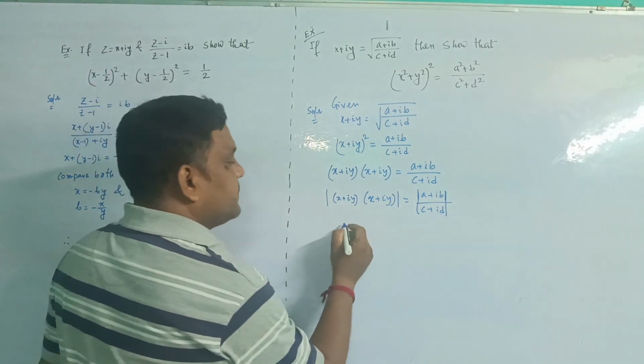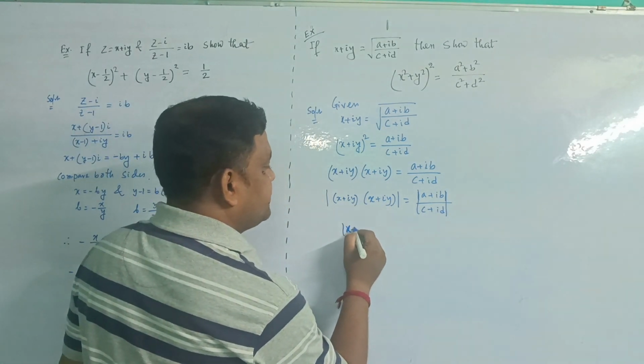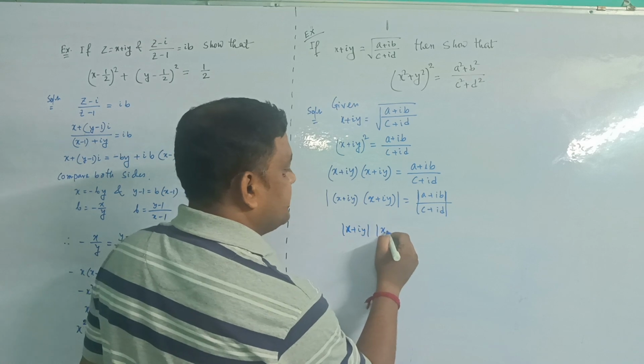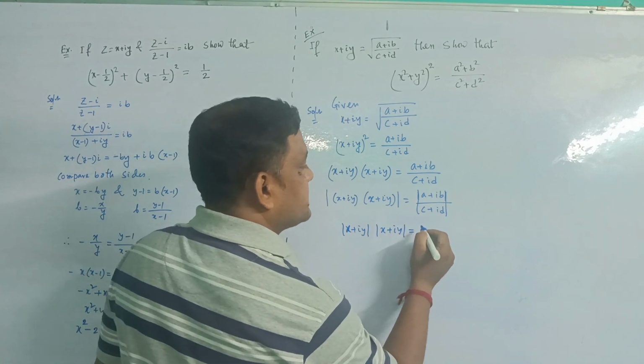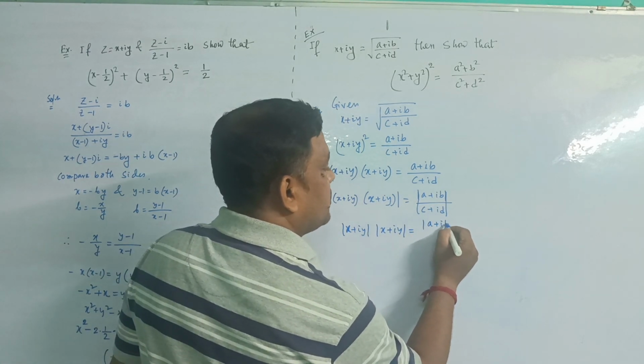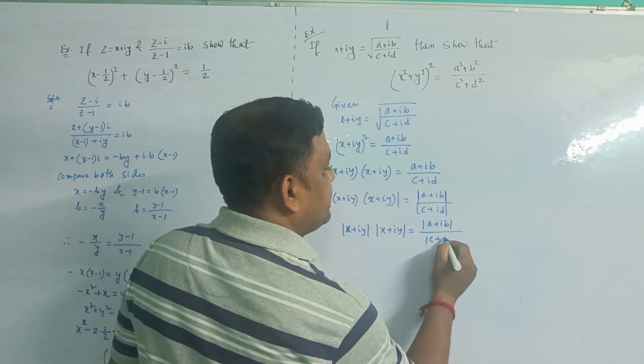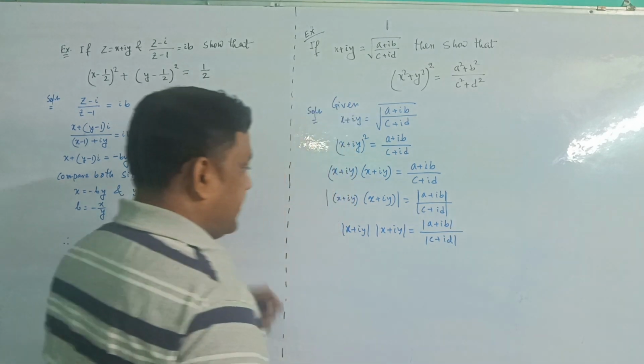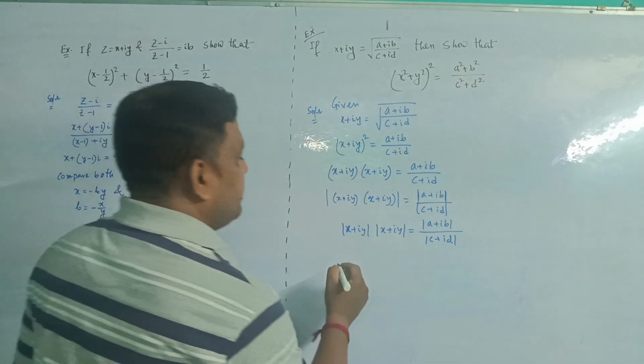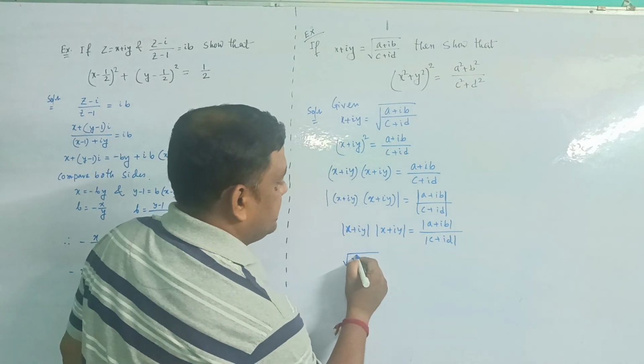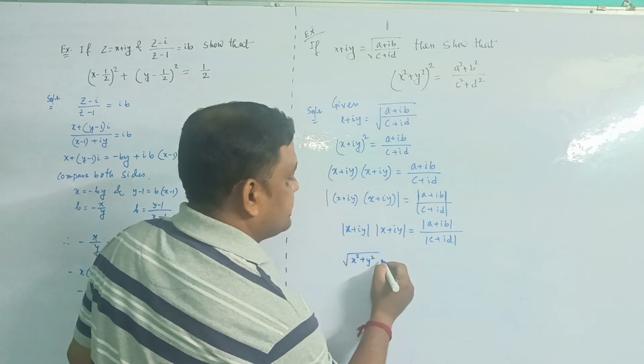Again, mod of a product, we can write as the individual mods, that means mod of (x plus iy) into mod of (x plus iy) is equal to mod of (a plus ib) divided by mod of (c plus id). Now mod of (x plus iy) we can write as root under x square plus y square.